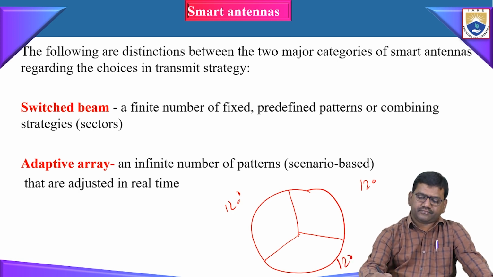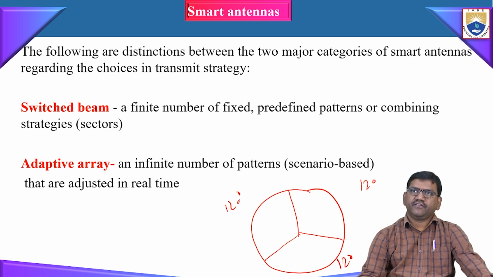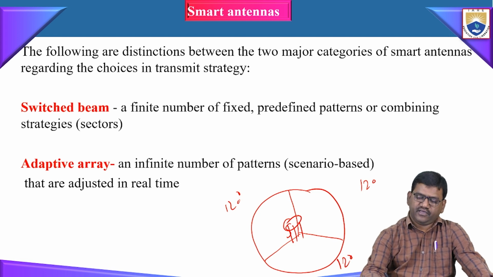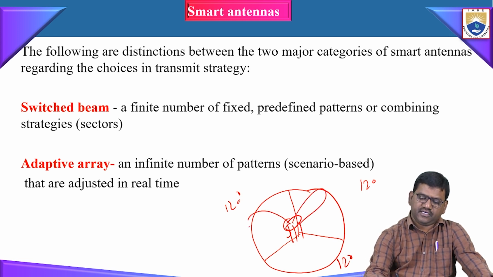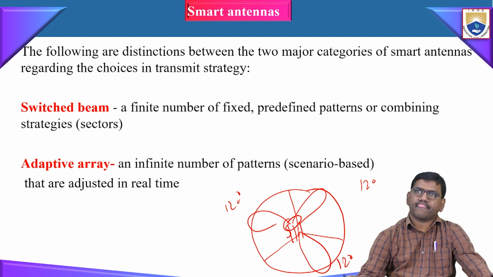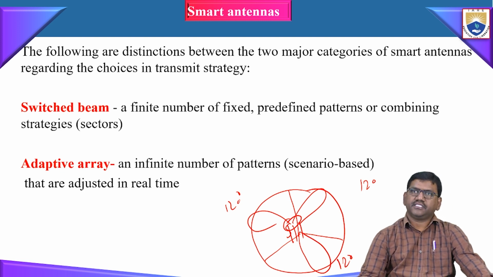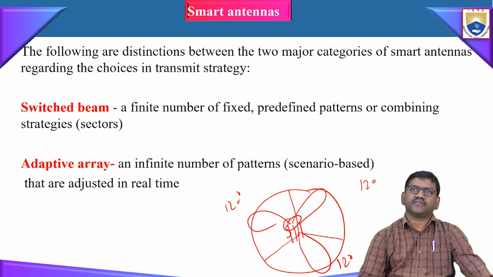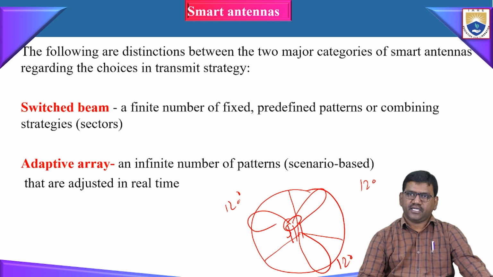And here, predefined patterns. That means, suppose there is a smart antenna here. The radiation is divided into three sectors at different angles of 120, 120, and 120 out of 360 degrees. So these are the three fixed patterns given by the smart antenna.